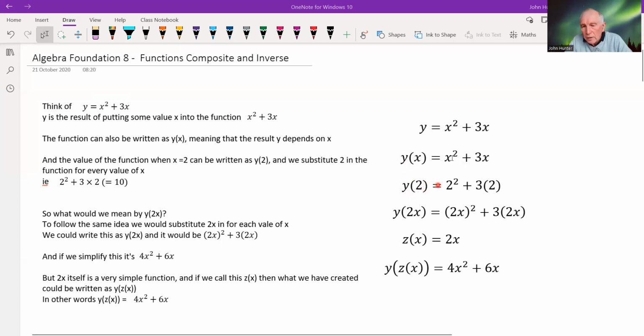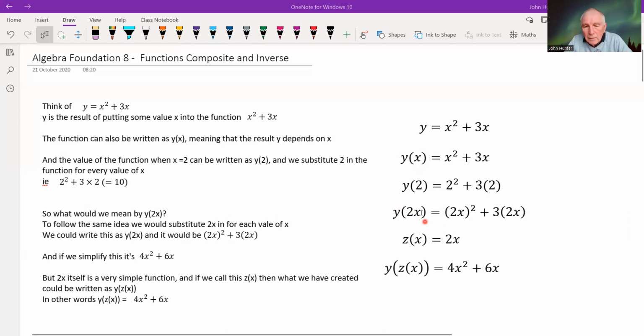Y brackets 2, and then of course that will be 2 squared plus 3 times 2. That's going to give us 10. So that is basically the first stage, if you like, of looking at function notation.